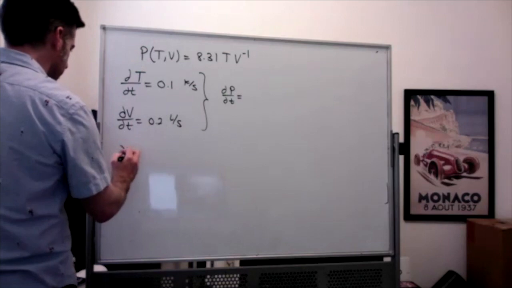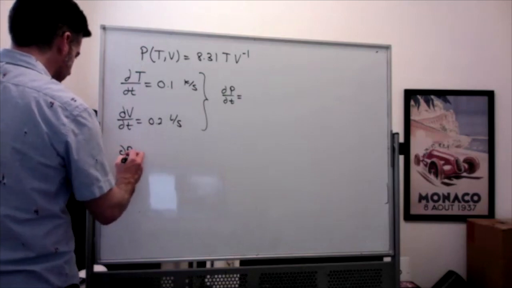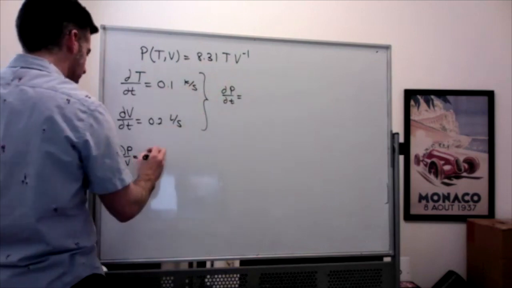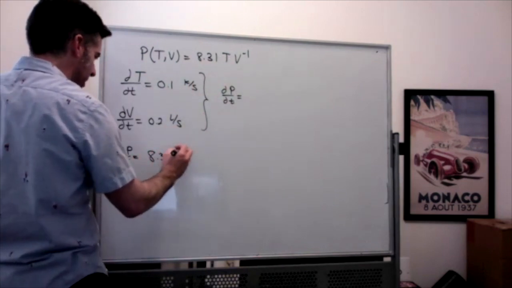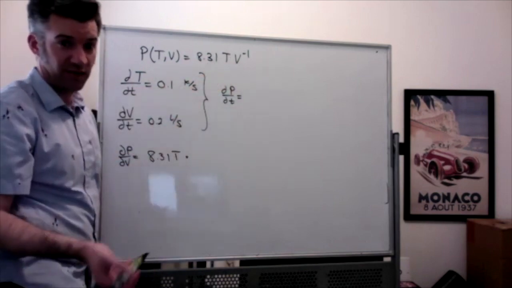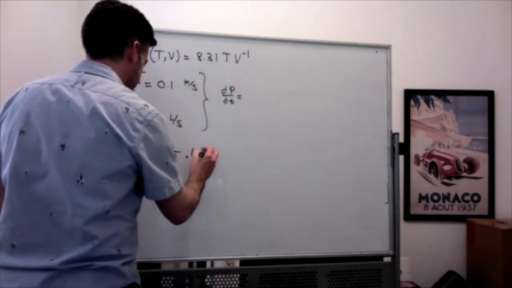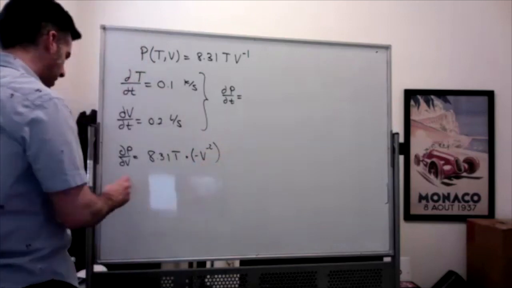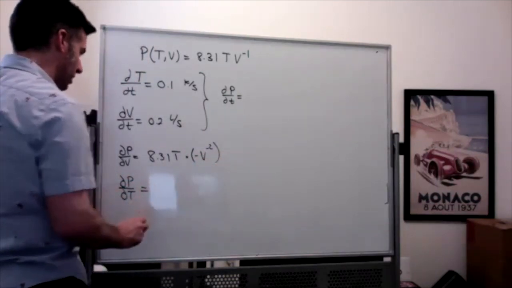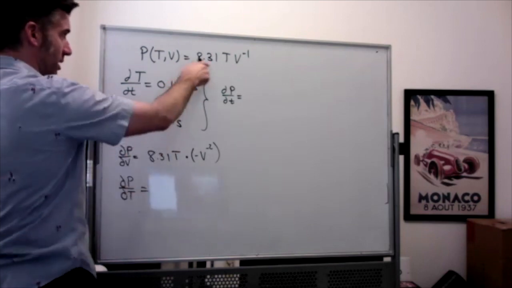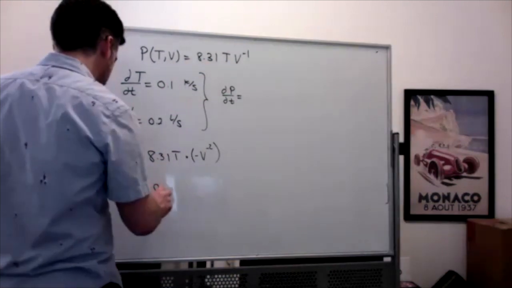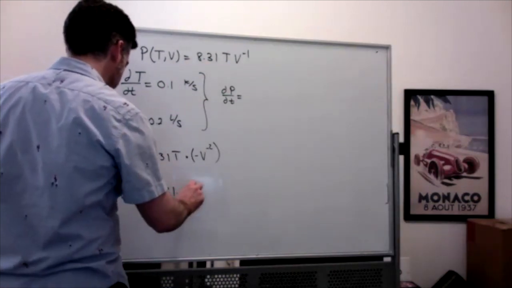Del P del V, taking the partial of this with respect to V, we get the constant 8.31 T times the derivative of the V part, which is negative 1 times V to the negative second. And then del P del T, the derivative with respect to T, is actually even easier. It's just 8.31 times V to the negative first.